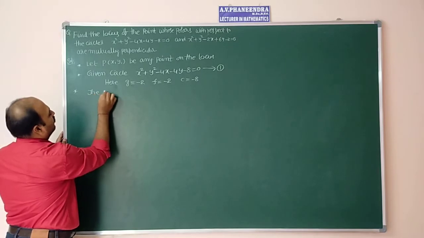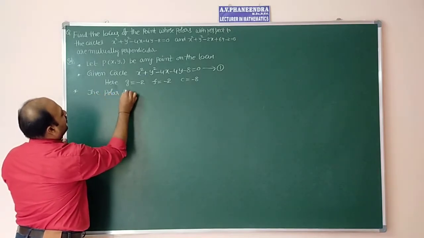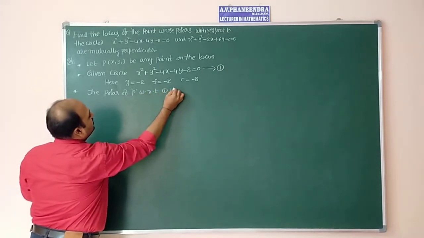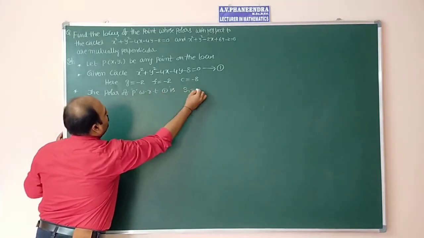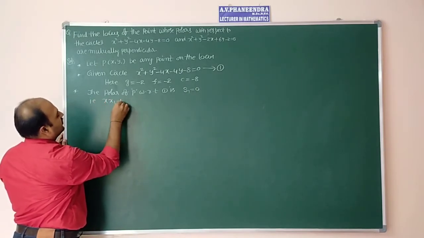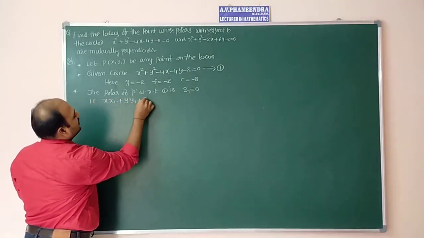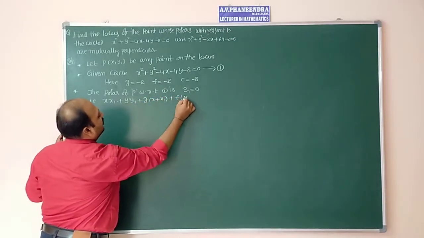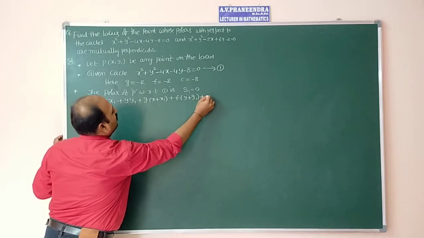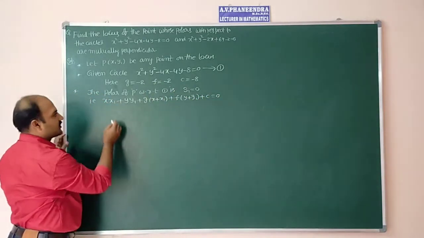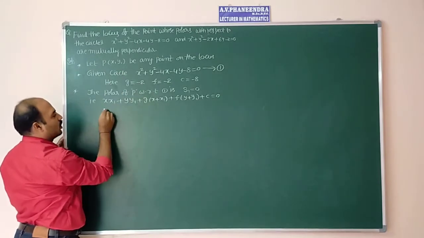The polar of P with respect to equation 1 is S1 = 0, that is, xx1 + yy1 + g(x + x1) + f(y + y1) + c = 0. Now substitute g, f, c; x1, y1 stay as x1, y1.